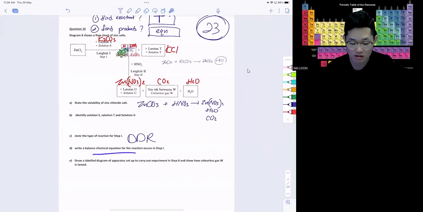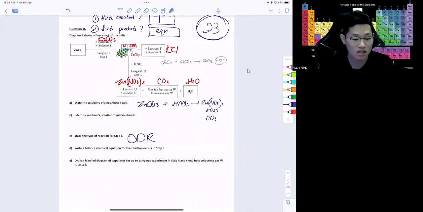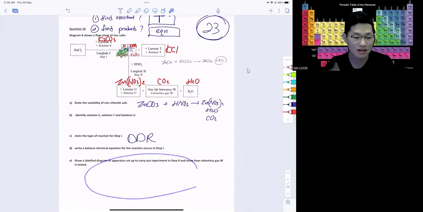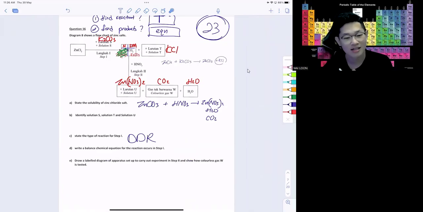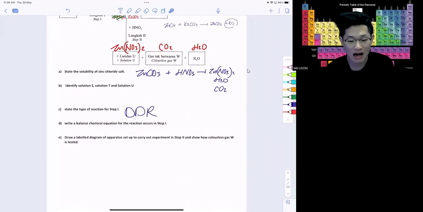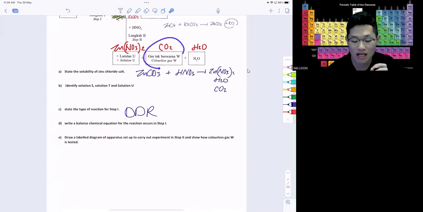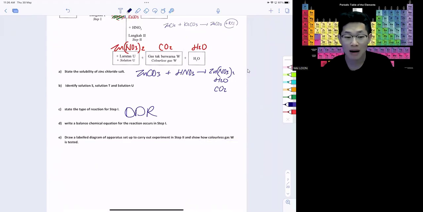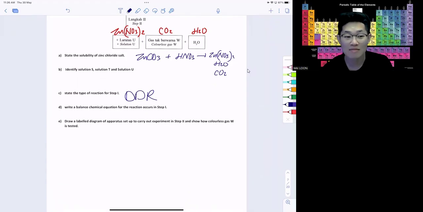Okay, you see? A balanced equation, you see, we can answer most of the questions. The diagram is like a special one. How the colorless gas can be tested. To test carbon dioxide gas, we have to bubble the gas into lime water.